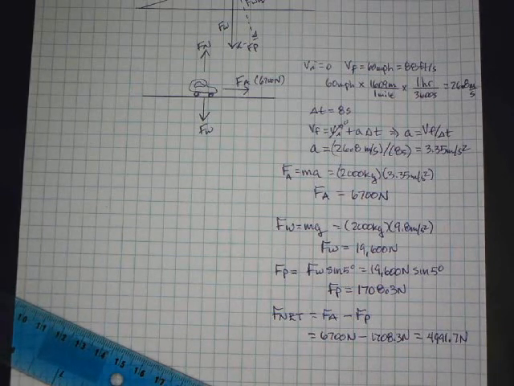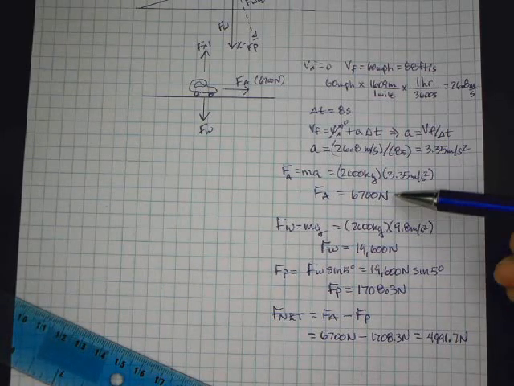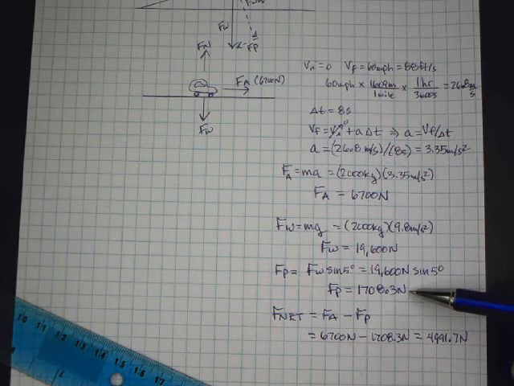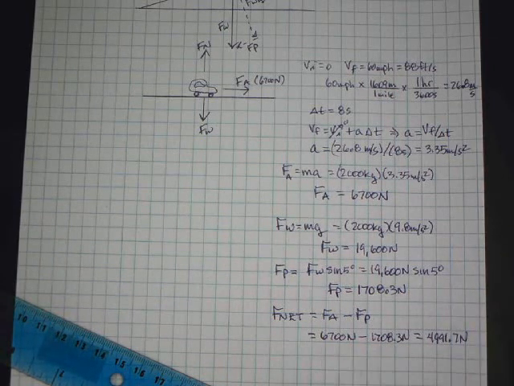So this is the amount of force that's actually being used to make the car go uphill. The car's engine is applying this amount of force. The component of the weight working against it, trying to drag it back downhill, is this amount of force. Fnet is the difference of those two forces.